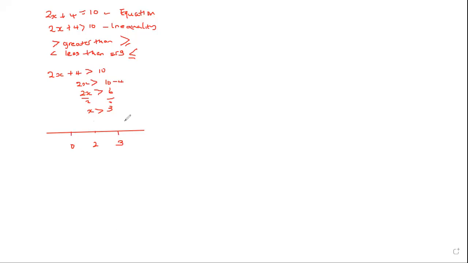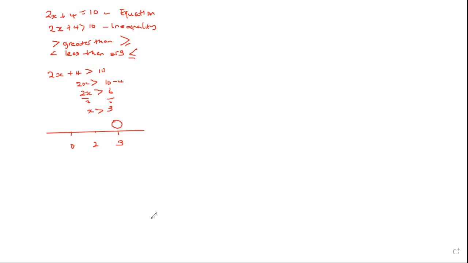Where we have a 3, you put a circle on that. We are saying x is greater than 3. There are numbers that are greater than 3. Where are these numbers? These numbers will be on the far right.